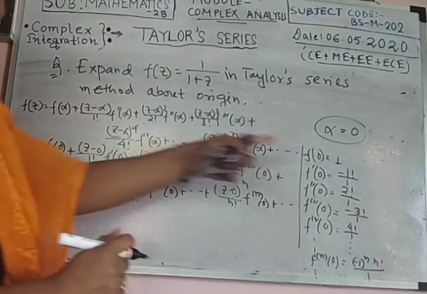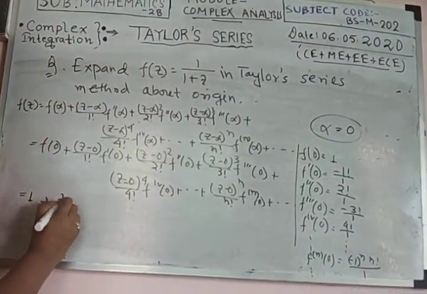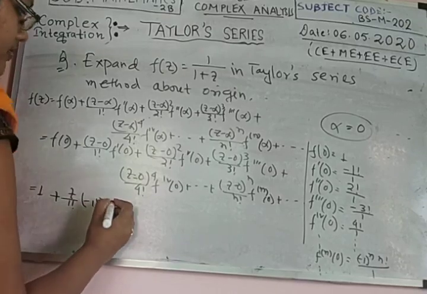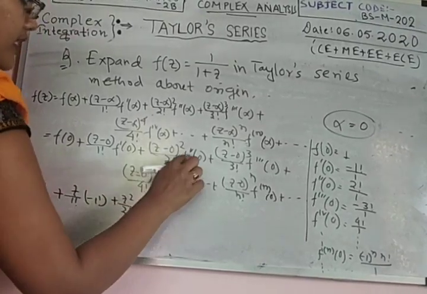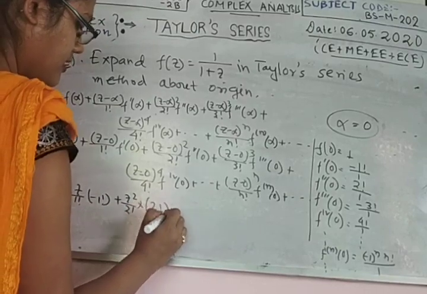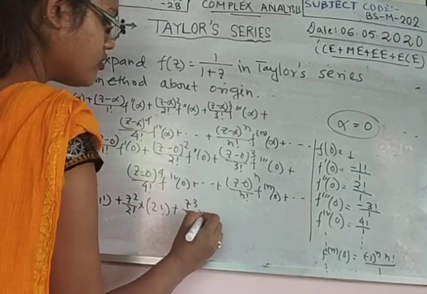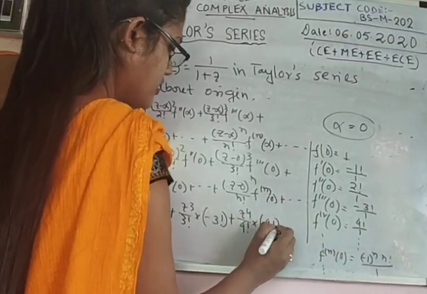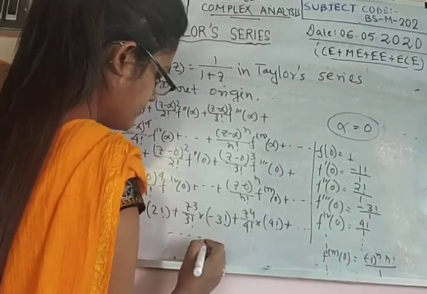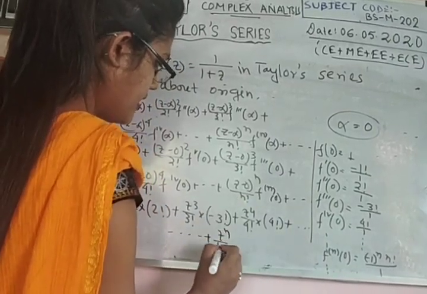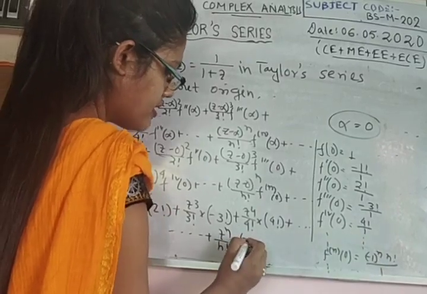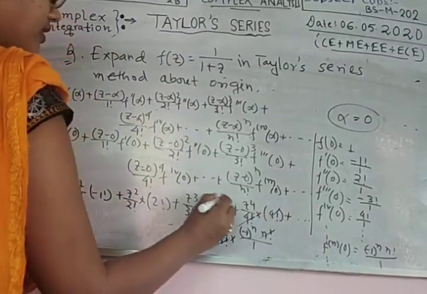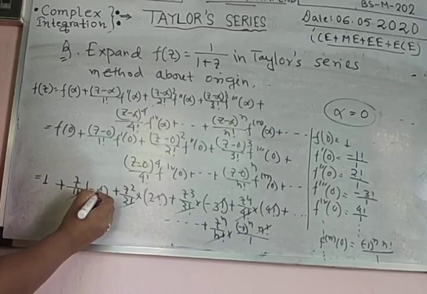So now our f of 0 we already found is 1. F dash 0 is minus 1 factorial, plus z square by 2 factorial into f double dash, which is 2 factorial, plus z cube by 3 factorial into minus 3 factorial, plus z to the power 4 by 4 factorial into 4 factorial, up to z to the power n by n factorial into minus 1 to the power n, n factorial. These cancel: 4 factorial, 4 factorial, 3 factorial, 3 factorial, 2 factorial, 2 factorial, 1 factorial, 1 factorial.